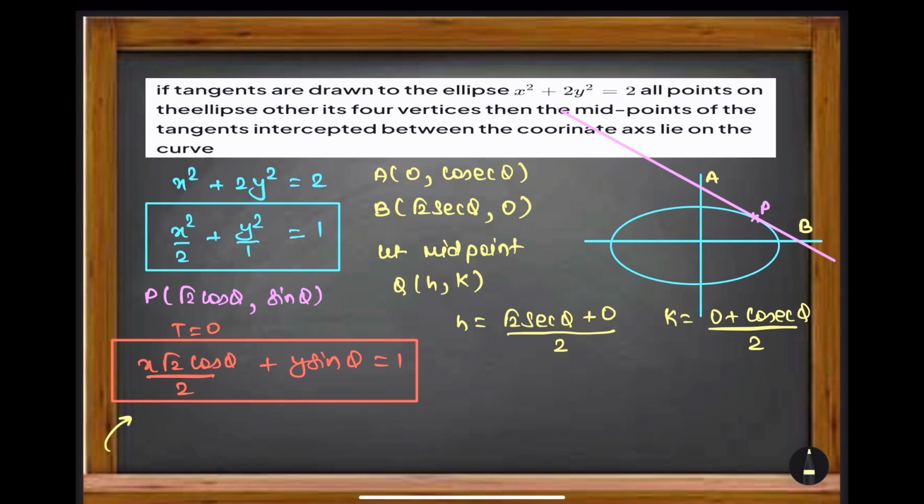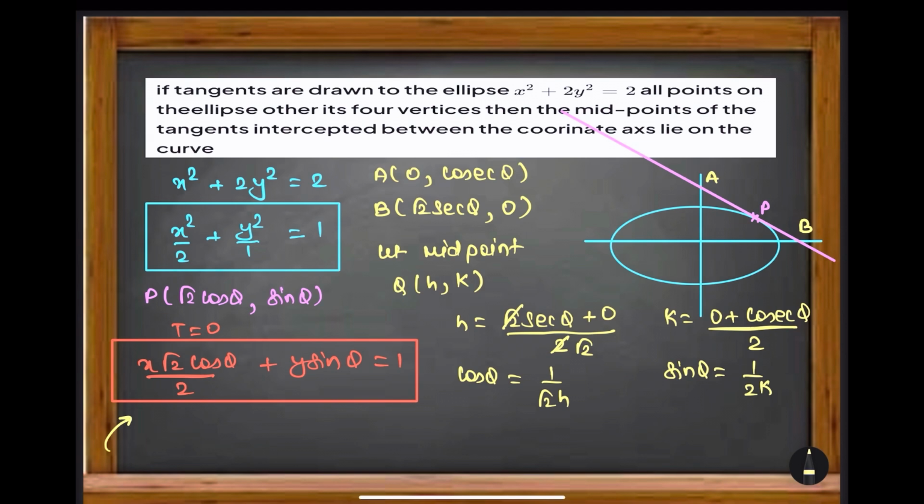Okay, now can I say that cos theta will become 1 by root 2 h? Can I say that sin theta will become 1 by 2k?